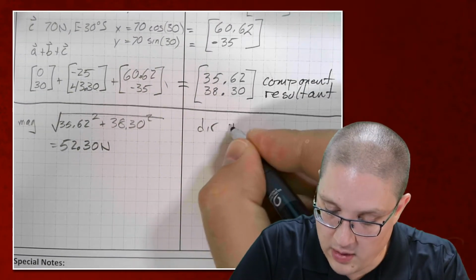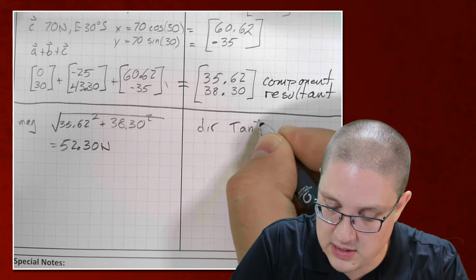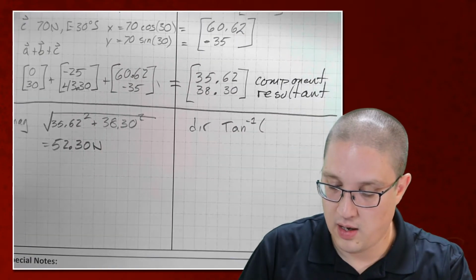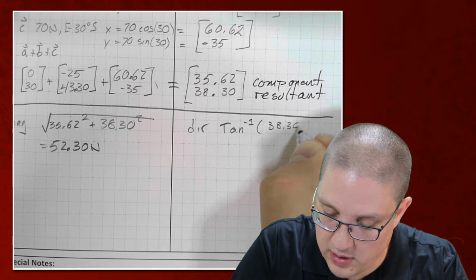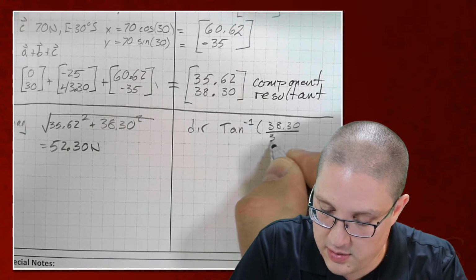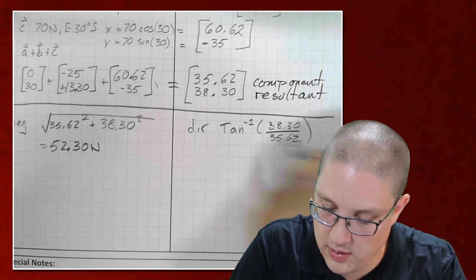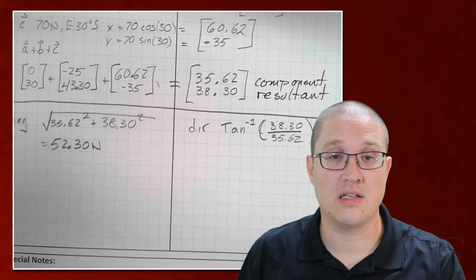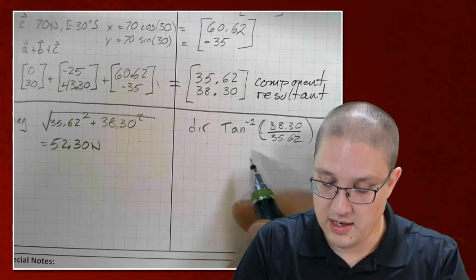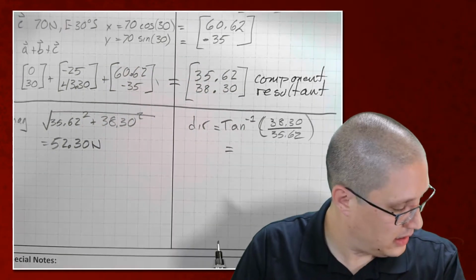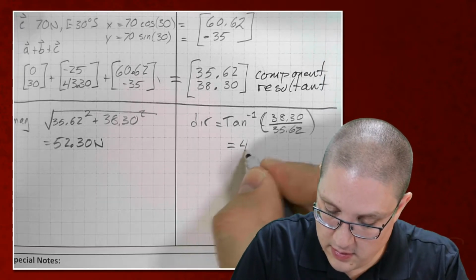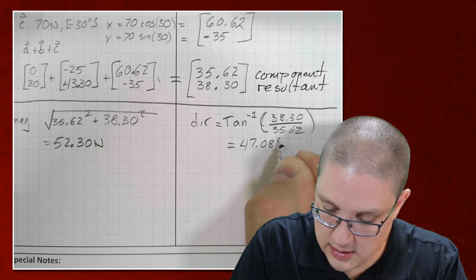Okay, my direction, I'm going to do over on this side. In order to figure that out, I'm taking my inverse tan of my y, 38.30, over my x, 35.62. Notice it's y over x. And this here works out to 47.08 degrees.